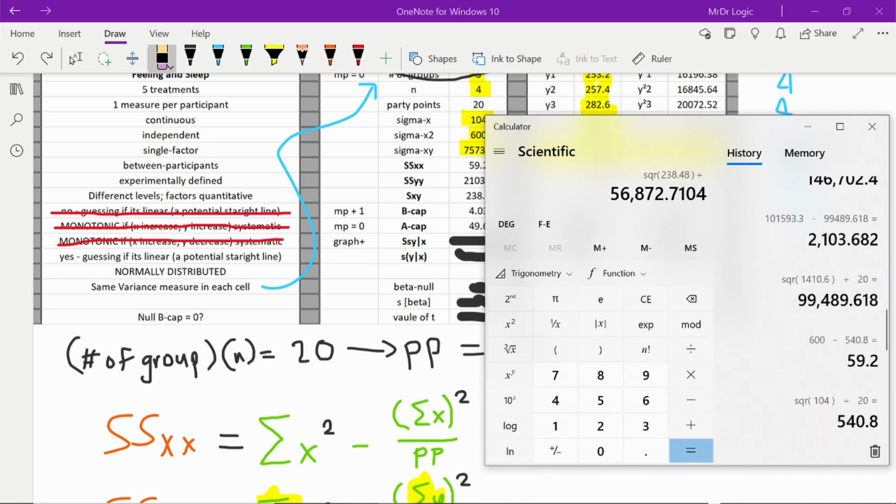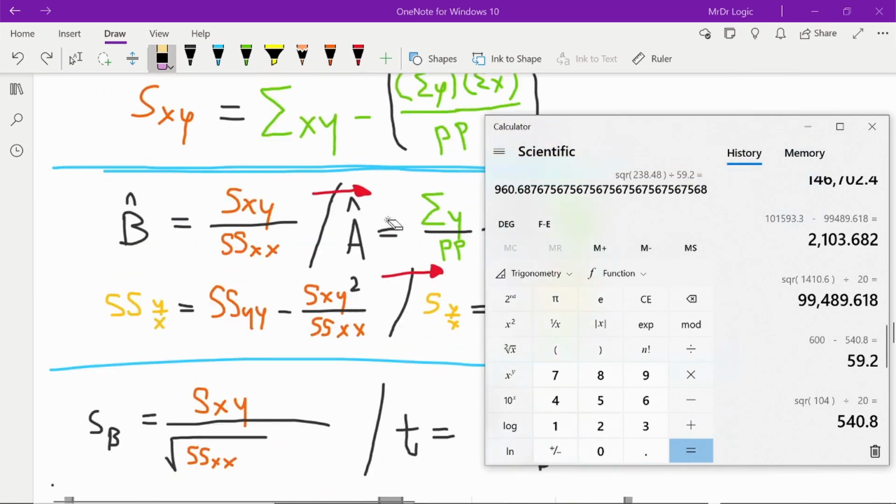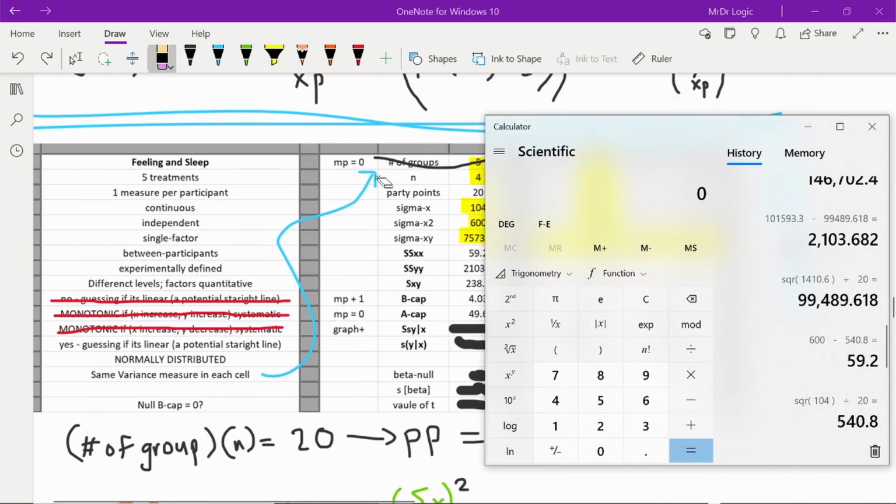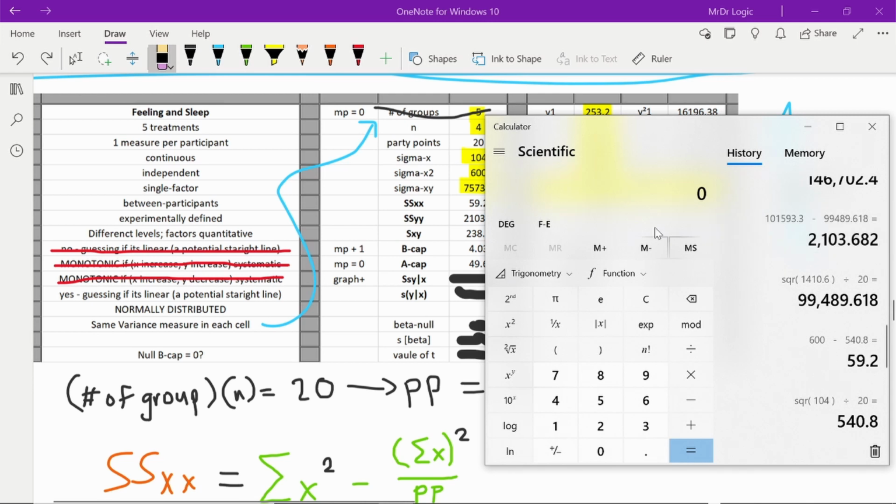Ah, yay, it was 59.2. That's nice. Okay, so we get that. And then, okay, please, for the love of God, copy paste. SSY. Oh, okay. 09. I love the fact that these numbers are so simple, so I can type them out.